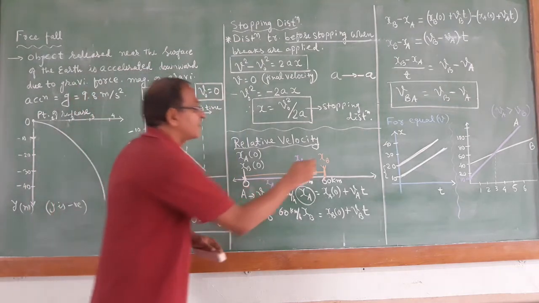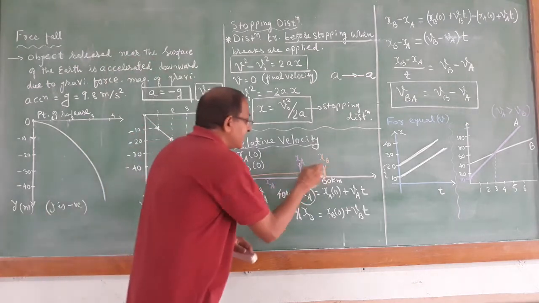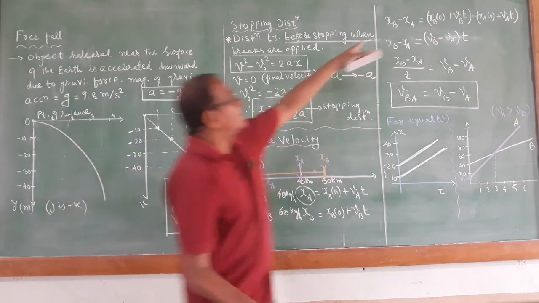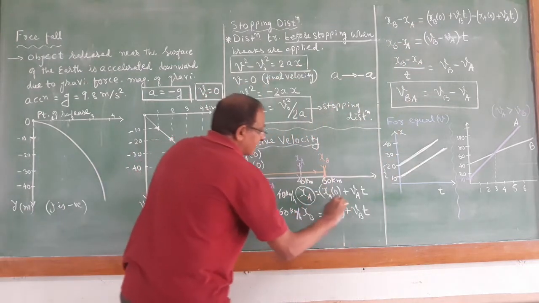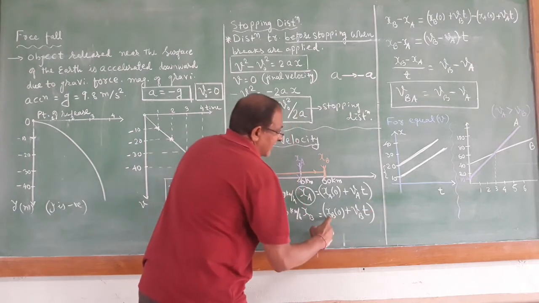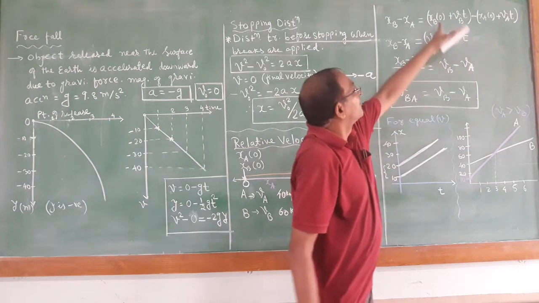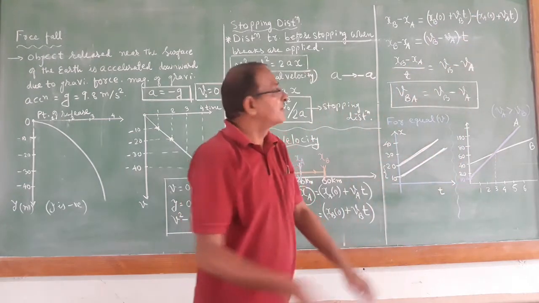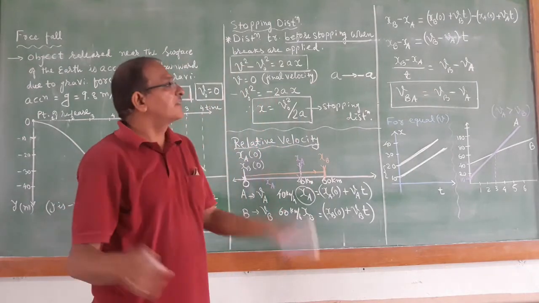So the position of B with respect to A is xb minus xa. The same thing has been done here, xb minus xa. So subtraction of these two equations, this minus this, is written here. Now both are at the same position, so this xb0 and xa0 are the same, so they will be cancelled out.